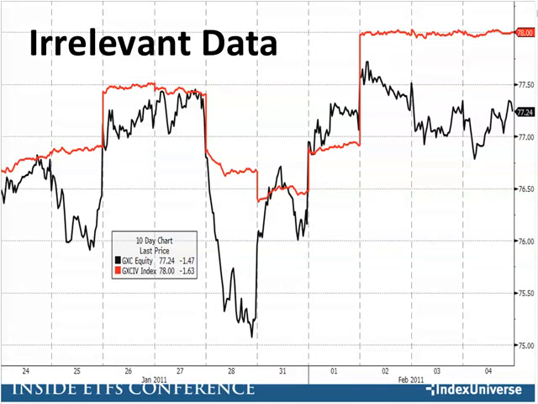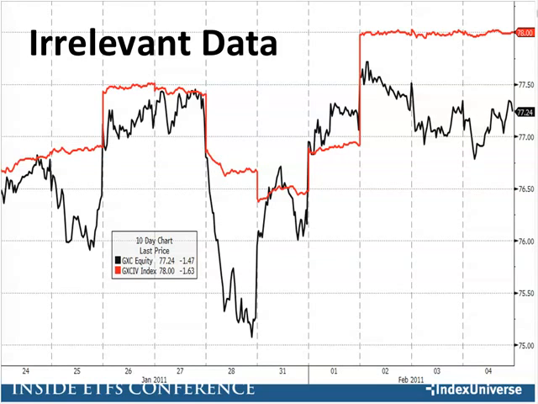But what about something like GXC or any other China fund? They trade all day in New York. The underlying securities don't trade at all. So when you compare the closing price of GXC to its closing NAV, they differ wildly. But that doesn't tell you anything about GXC except that it happened to be trading in New York, which unless you've been asleep for the past 10 years, you probably already knew.